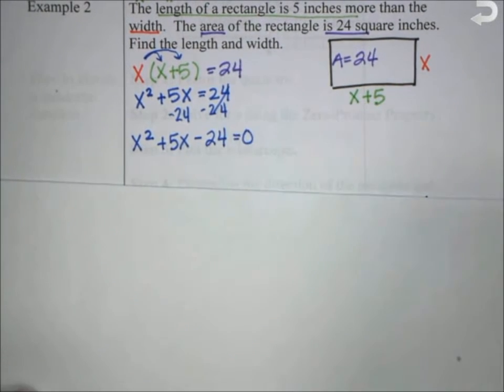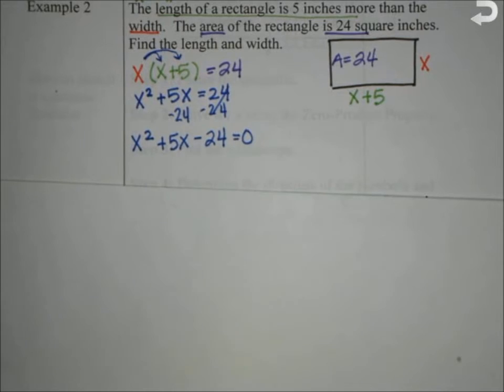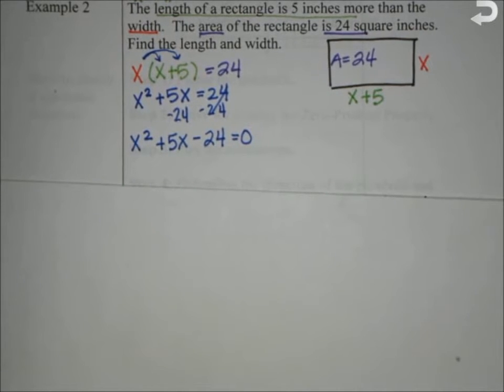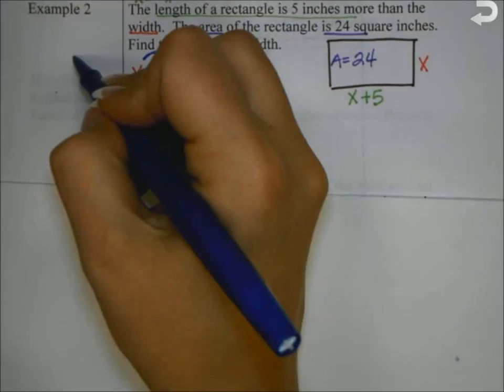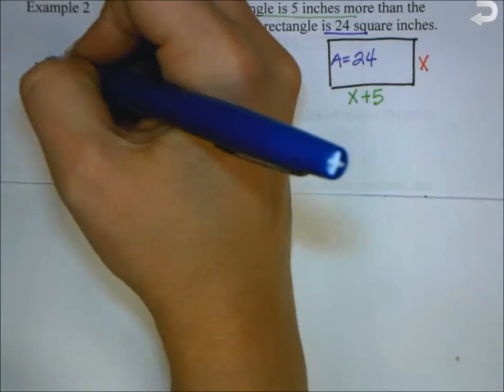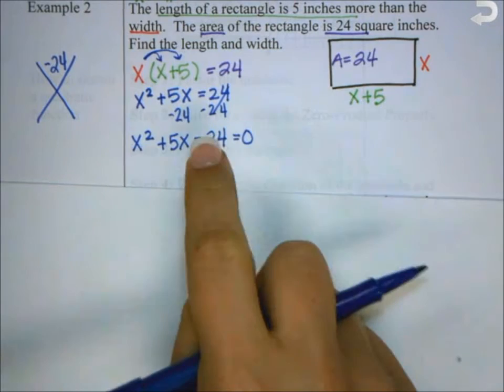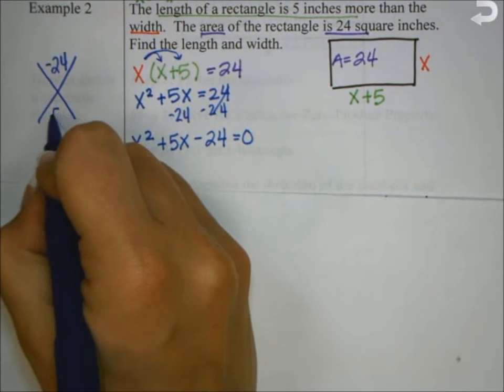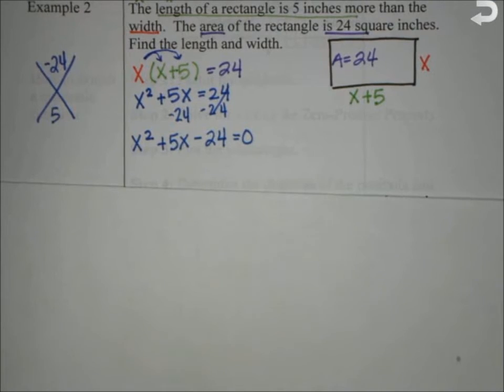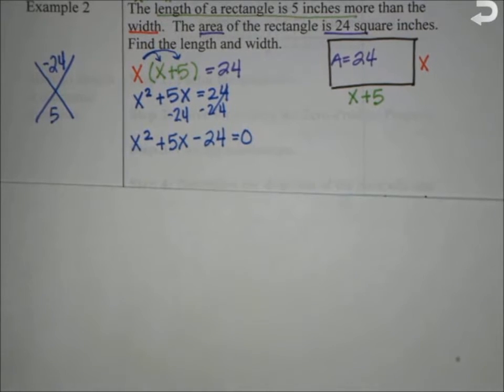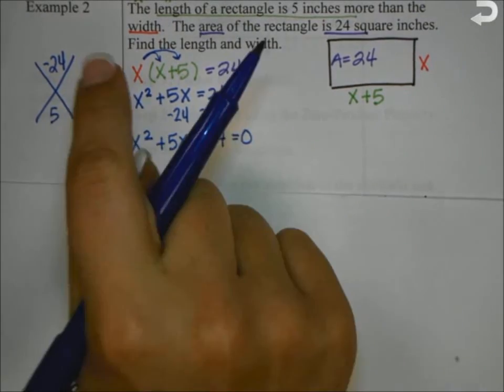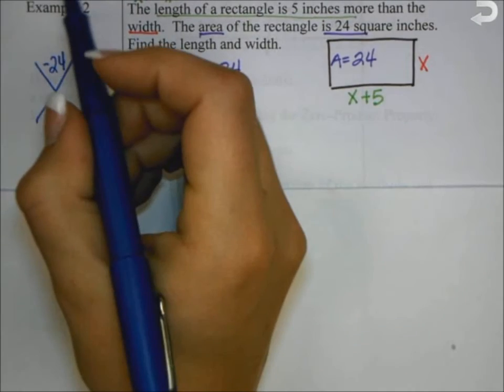Now does this look like something we can solve? Yeah, what method am I going to use? Diamond. So I'm looking for two numbers that multiply to negative 24 and add up to positive 5. Negative 3, positive 8.